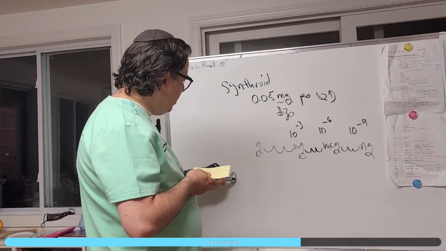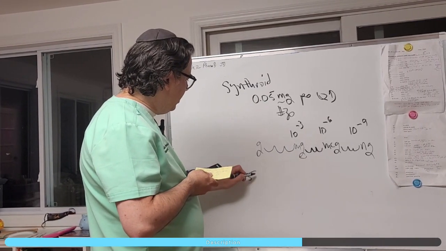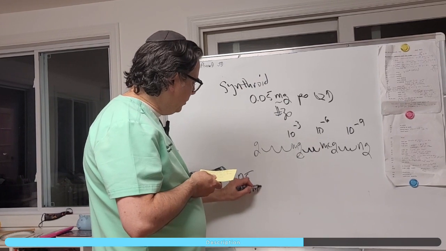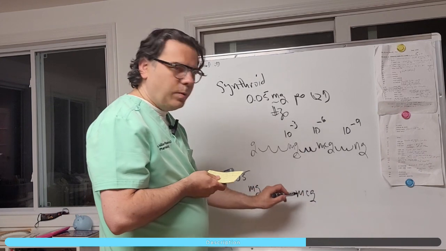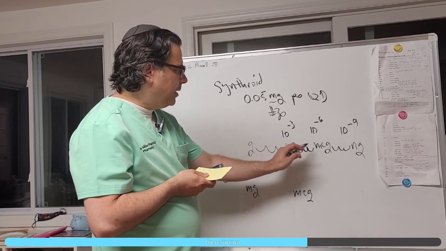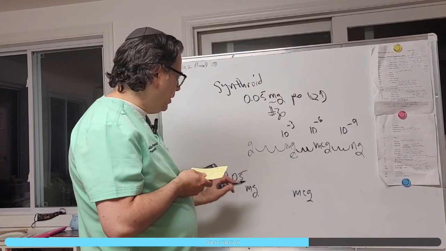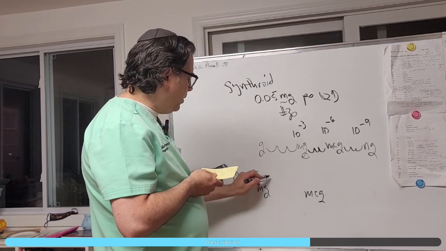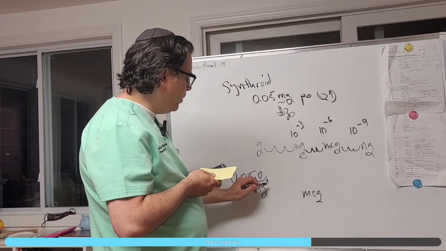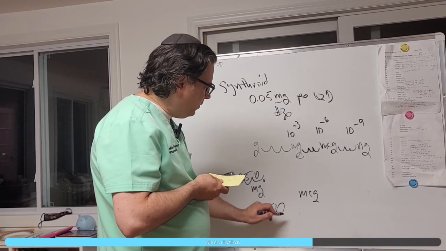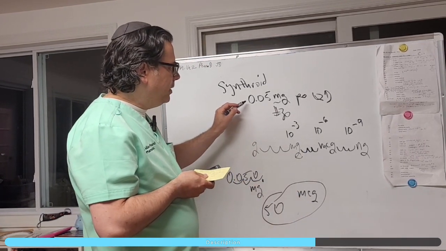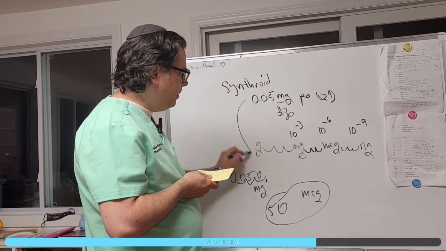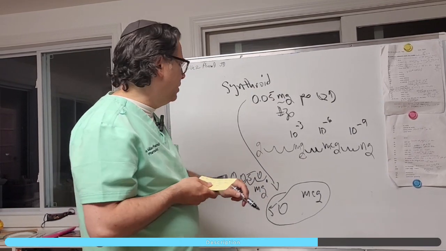So 0.05 milligrams, and you want to go to micrograms: 1, 2, 3. You add a 0 here and put a decimal point here, and that gives you 50 micrograms. So trick question, 0.05 milligrams is the same as 50 micrograms.